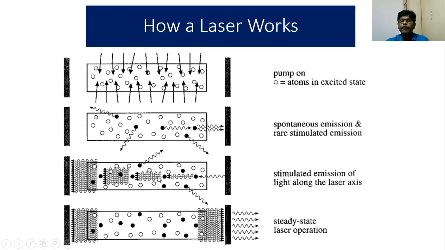And in this process, amplification takes place, because laser stands for light amplification by stimulated emission of radiation. In the last diagram, you will see when the intensity becomes very strong, some part of the light will come out as laser light and the other part gives rise to positive feedback.